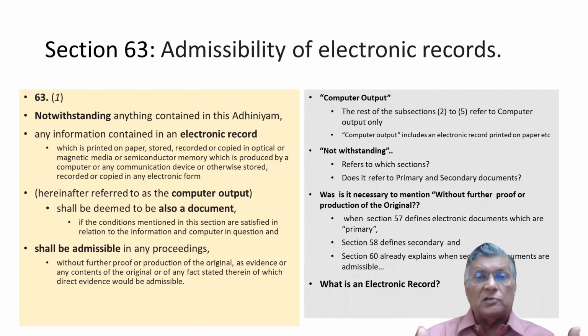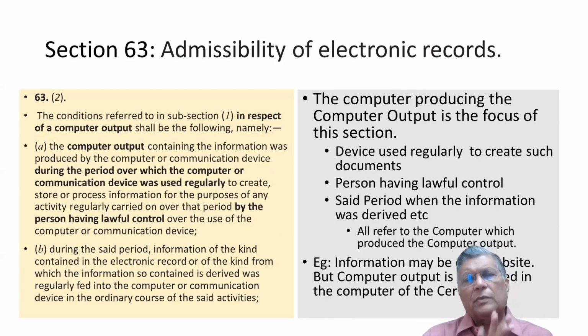That is when primary is not accessible and so on. So I don't know whether it was necessary, but anyway, it is there. Now, electronic record, we have actually discussed that ITA 2000 defines the electronic record, which excludes the temporary documents, which is another area of concern in the new BNS.